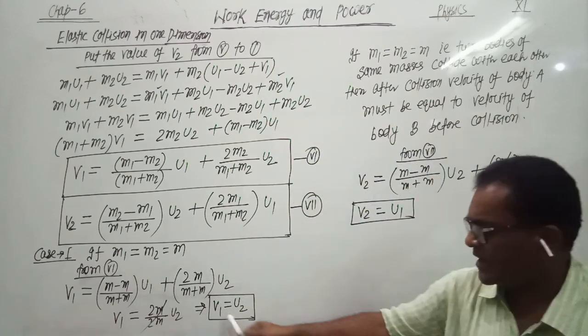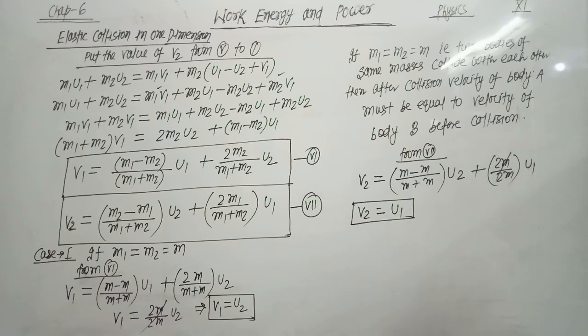So v2 equals u1. Here we had v1 equals u2. So after collision, the velocity of body B must be equal to the velocity of body A before the collision.